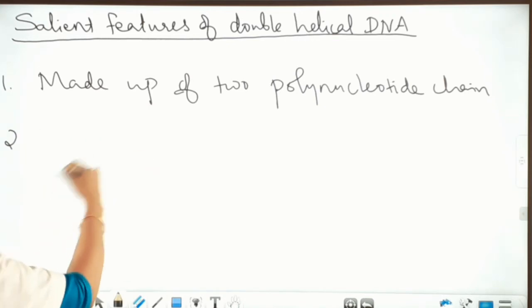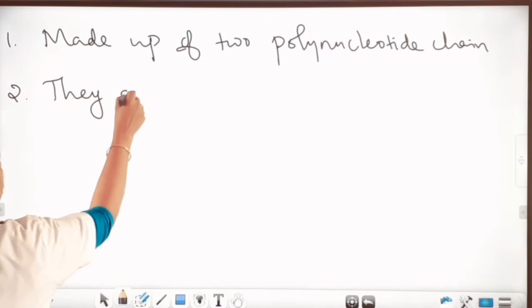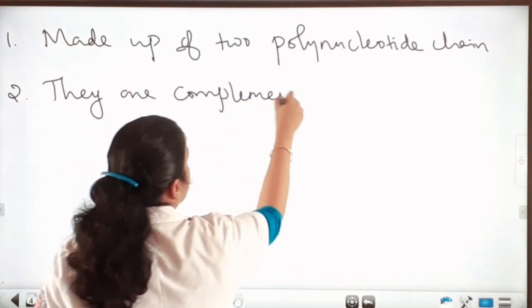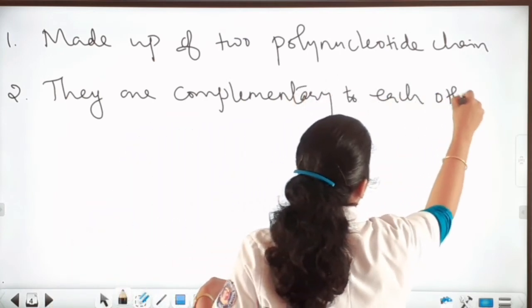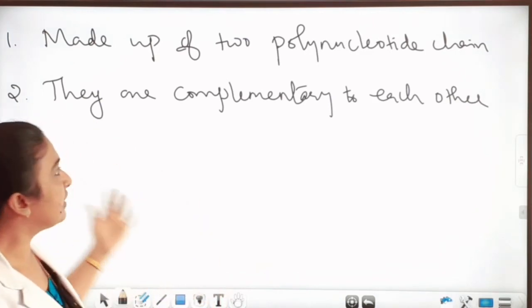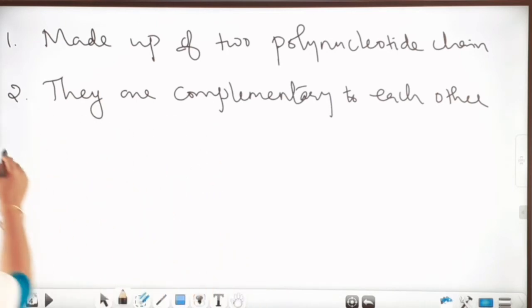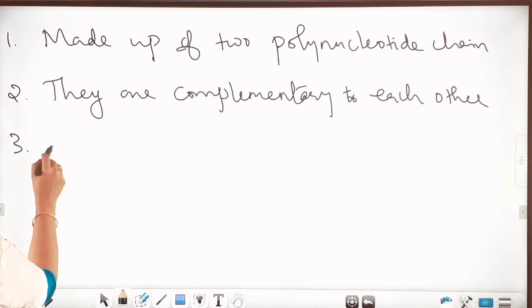So we can say the two polynucleotides are complementary to each other. That means there is complementary base pairing between two strands. Okay, and the third point is the two strands are anti-parallel.